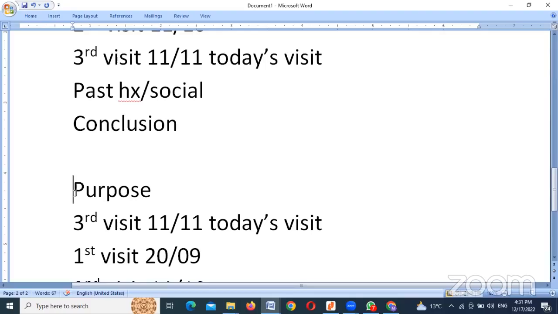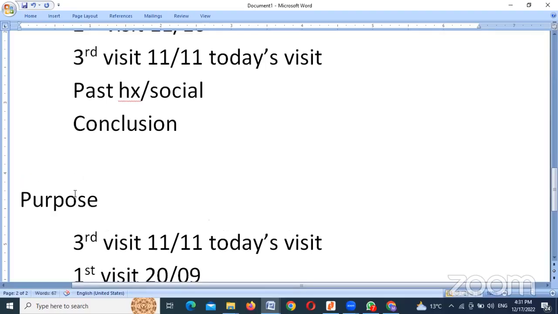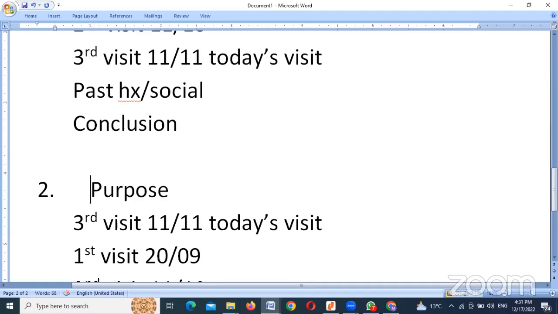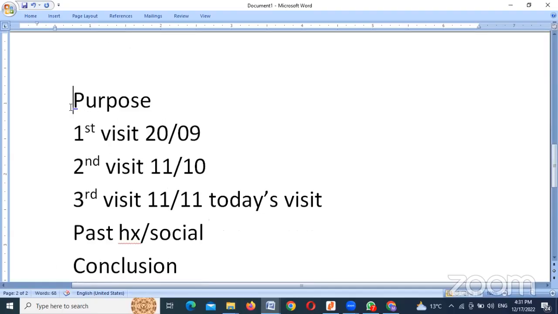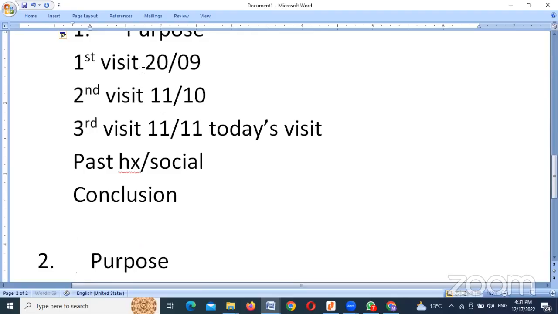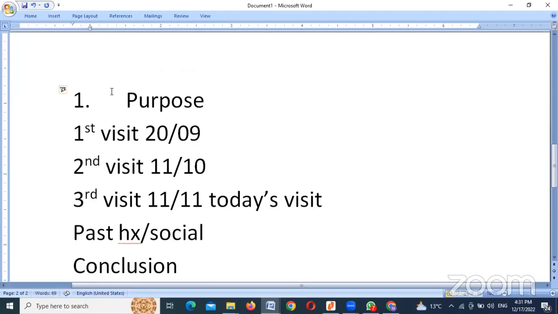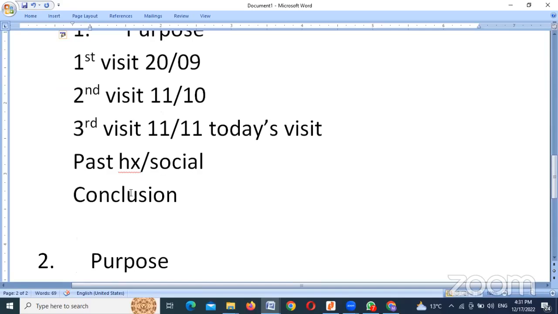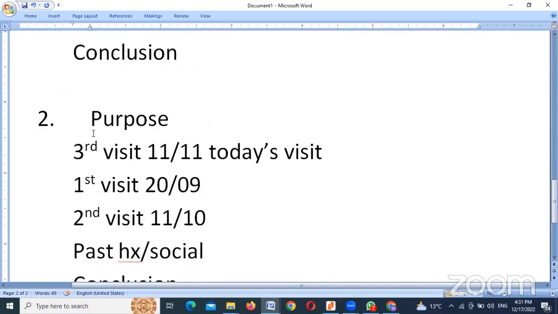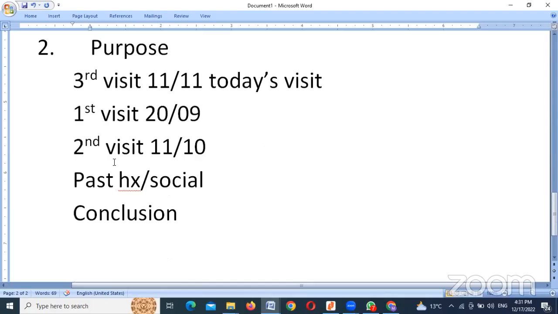This is method number 2, and this is number 1. In number 1, we are writing in chronological order: first visit, second visit, third visit, past history, social history, then conclusion. And in number 2, we are writing purpose, then third visit, first visit, second visit, past history, conclusion.